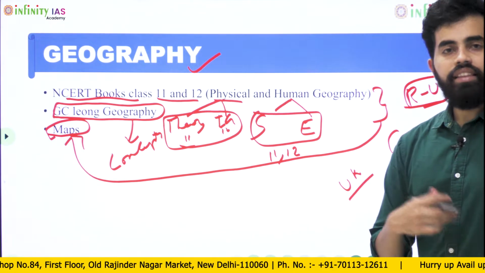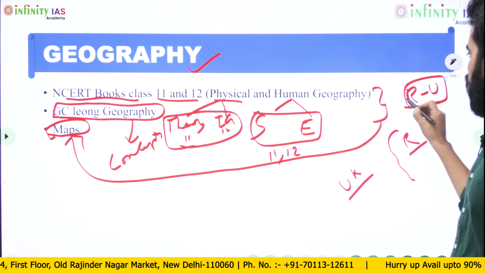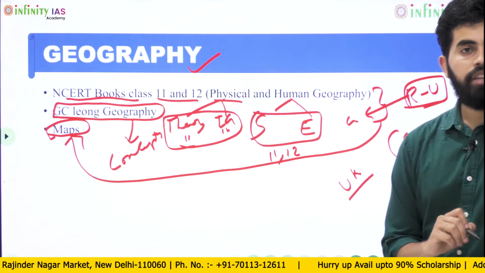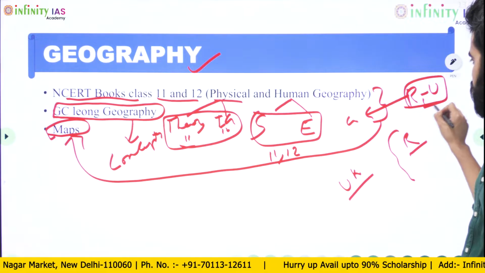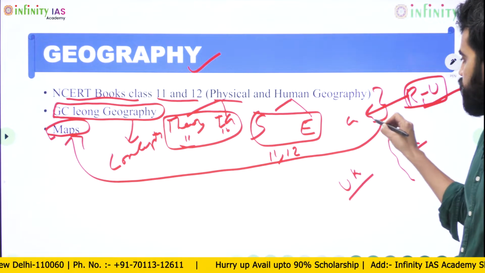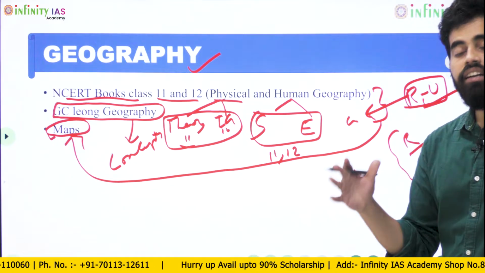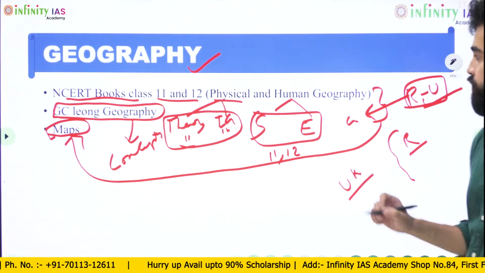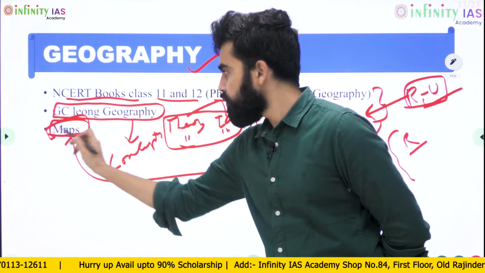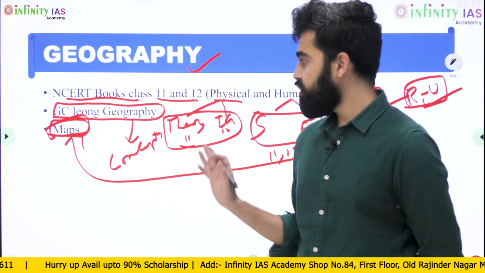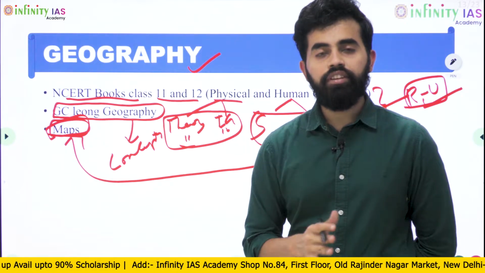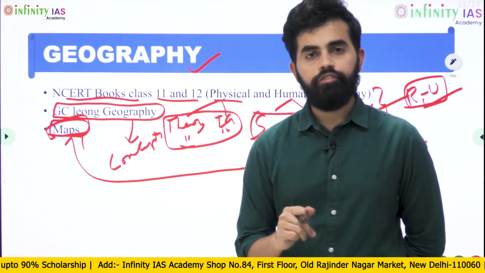For example, there is an oil and natural gas pipeline from Russia to Germany, which is in the news related to this conflict. So we can see what countries that pipeline will pass through. All these issues will be covered under maps. So we should have a very thorough understanding of maps, not only of world geography, but Indian geography.